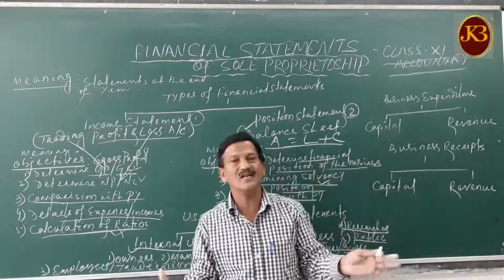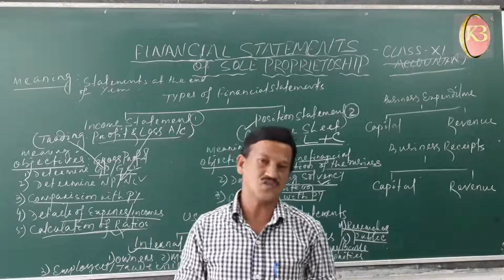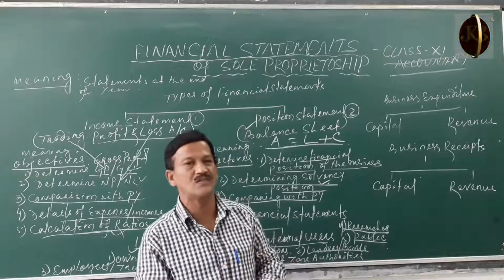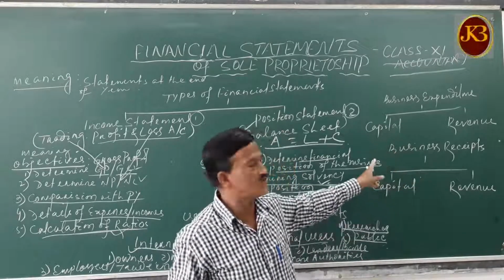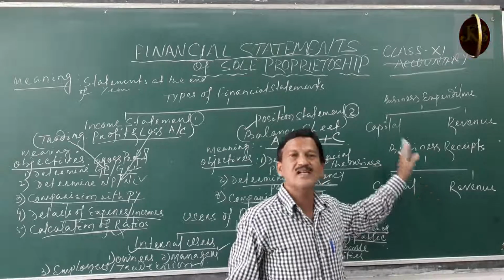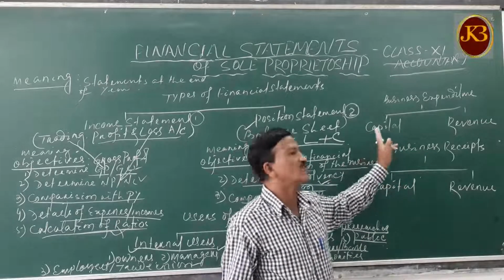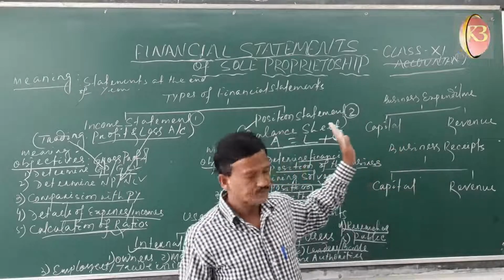If you are not clear, then you will be confused while preparing your financial statements, because the financial statement exclusively depends upon this concept of classification into two heads: capital expenditure, capital receipts, revenue expenditure, revenue receipts.